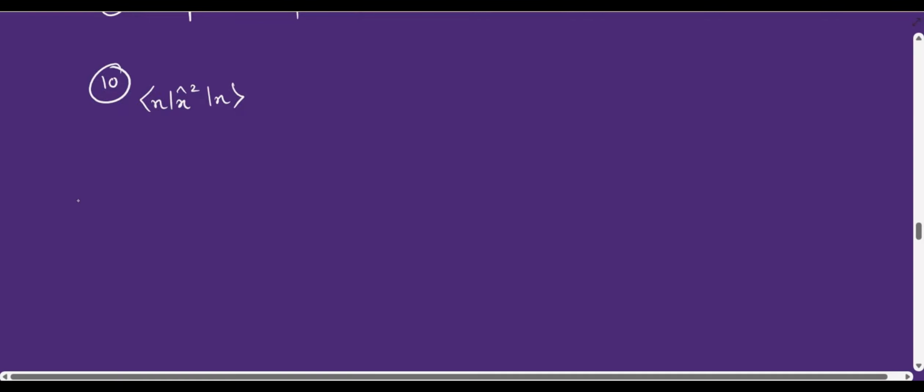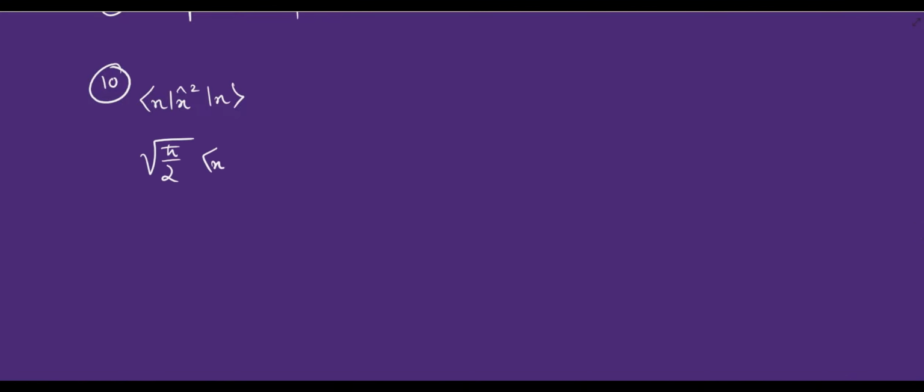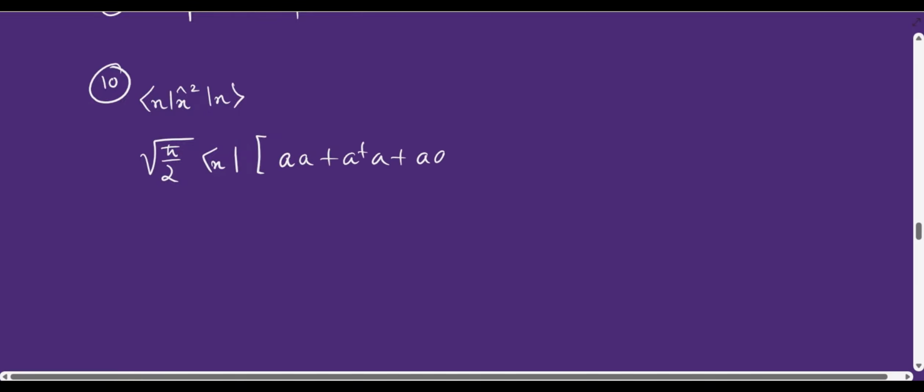Now, the expectation value of x cap square for the single mode Fock state is h bar by 2 times n, a plus a dagger, a plus a dagger, n.